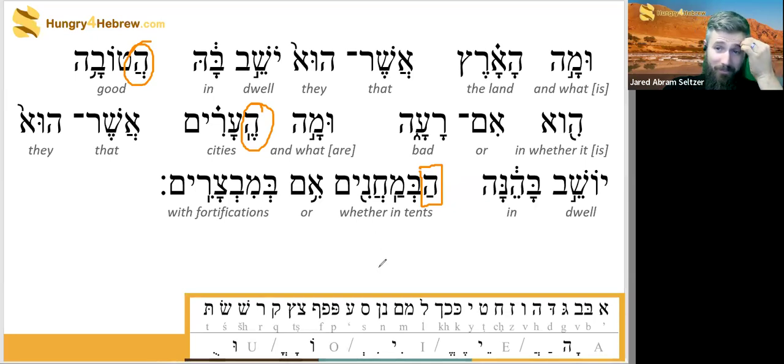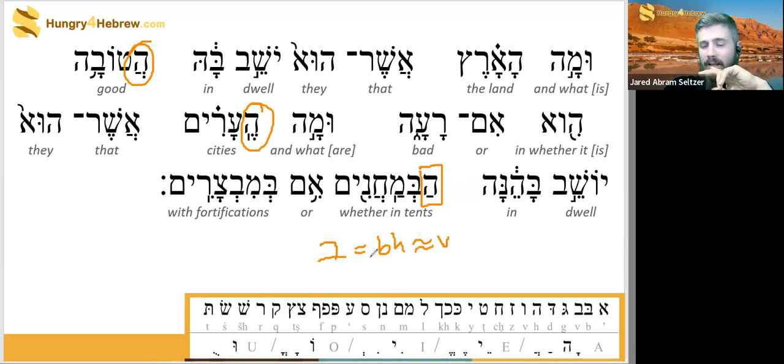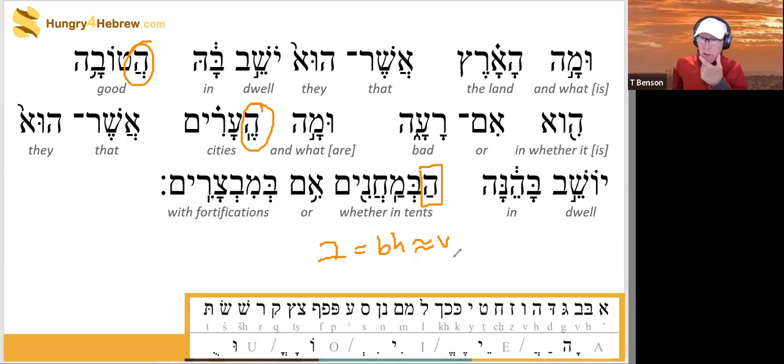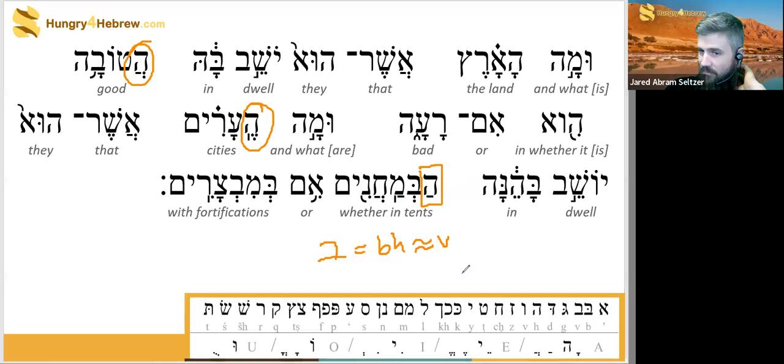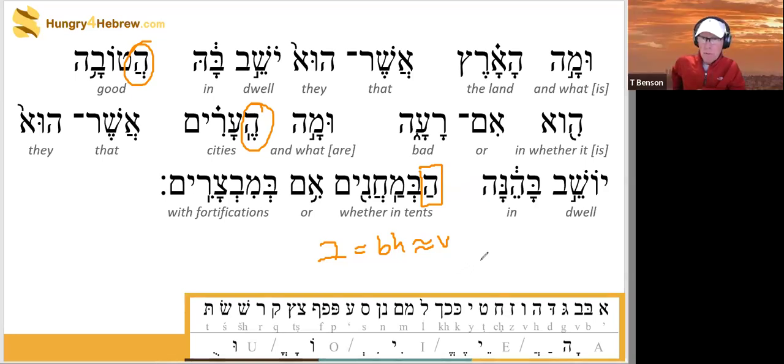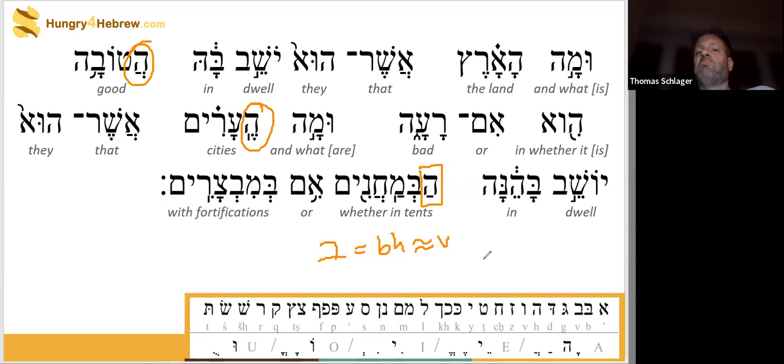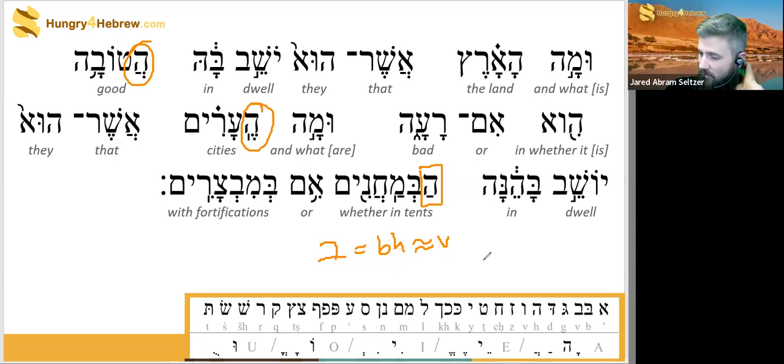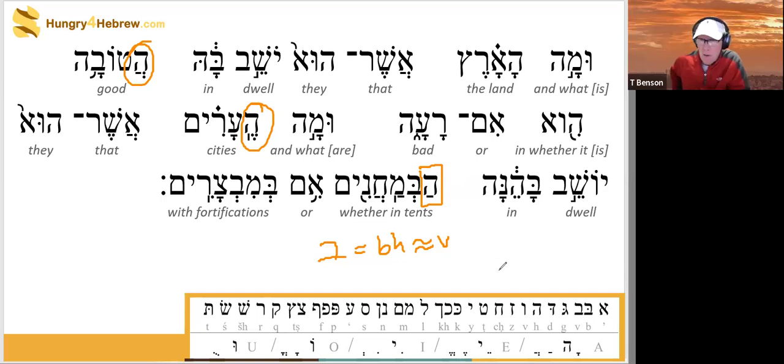But I do also have another theory. It might be far-fetched, but here it comes. Did you know that the letter bet pronounced as a V, which I'll write as BH, turned into V, that this arose because of Aramaic influence? Ashkenazis pronounce the V as a W, so instead it would be waharetz.